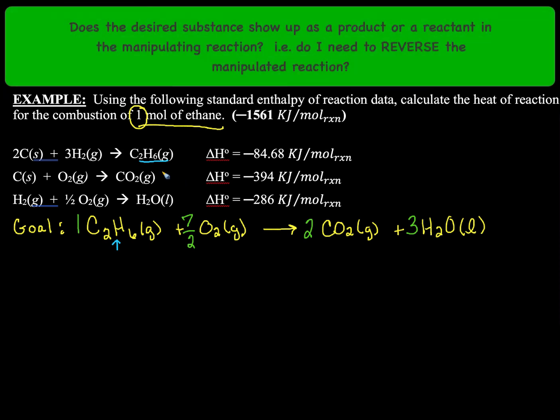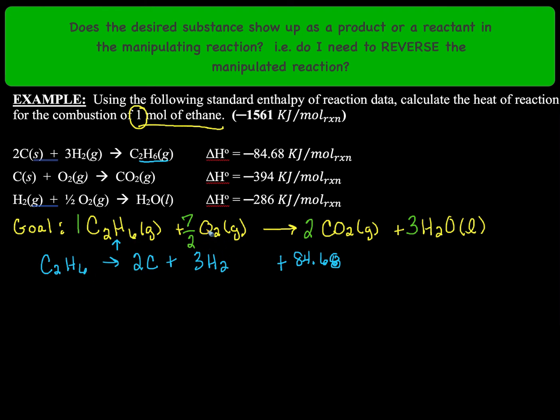In this case, this is the only place it shows up in our choices, but it shows up as a product. So I have to reverse that reaction. And if I reverse that reaction, then according to my rules above, if it was exothermic in one direction, it must be endothermic in the other direction. It's an 8, sorry about that. Okay, so I've taken care of that.